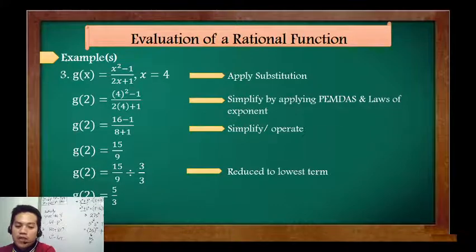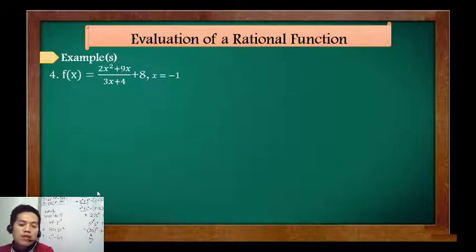So therefore, 5 over 3 is our final answer. Meaning, 5 over 3 is the value of our function if our x is equal to 4. Okay? So, diri kaning function, instead of g of 2, this is g of 4. Okay? So, now let us proceed with the next example.